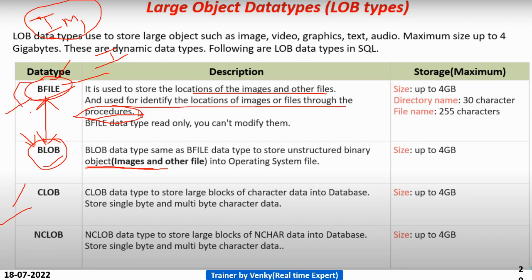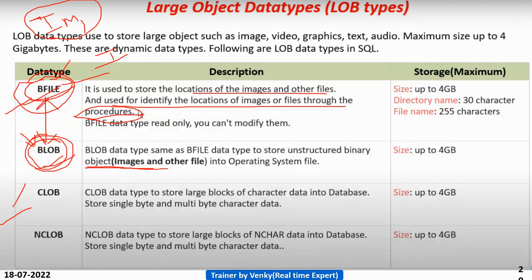So to implement that requirement, you should use both BFILE and BLOB. To store the images, videos, audios, and graphics, you need the location first to identify where it is, then you can actually store. To identify the location you use BFILE. To store the image actually you need the BLOB.